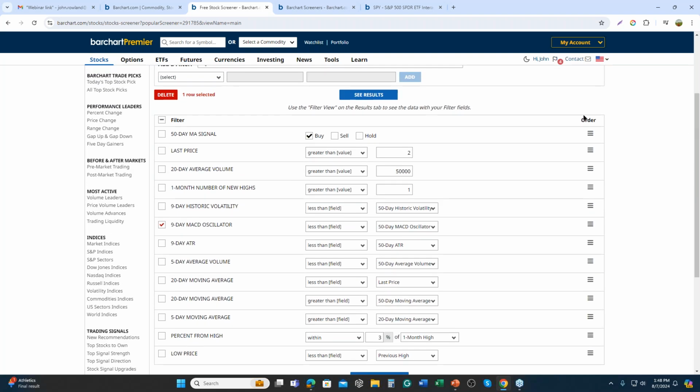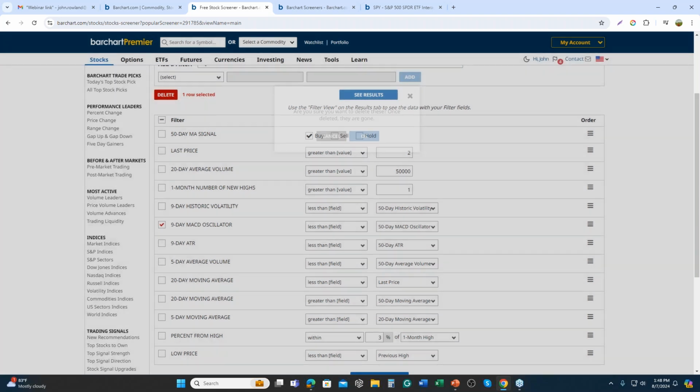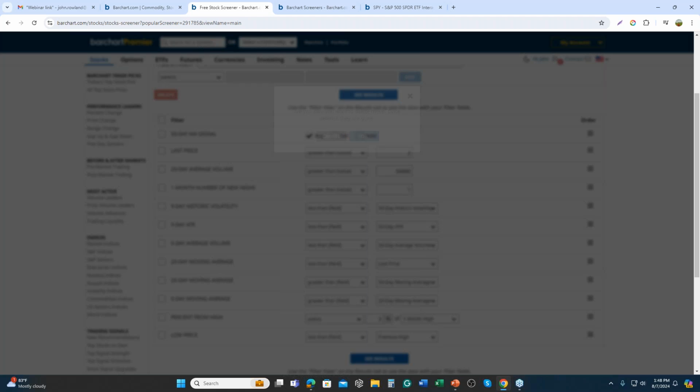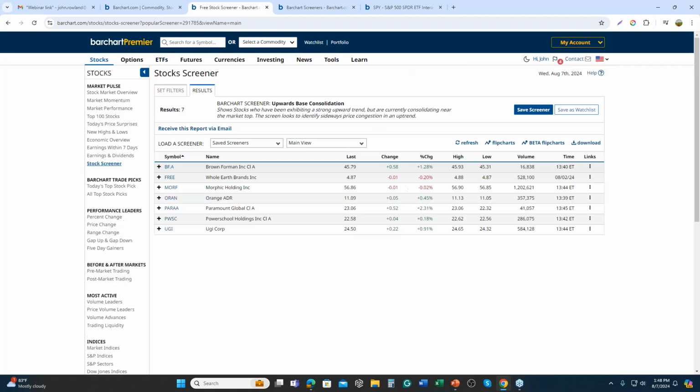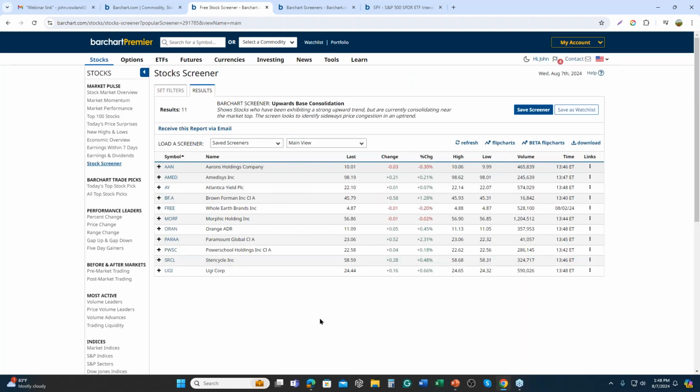So 1 new monthly high, and eliminate the MACD oscillator, and then run the results again. It's the same ones that I just showed you, a couple extra ones, but again, none of them are cup and handles today. But that is a way that you can find them and filter them in.